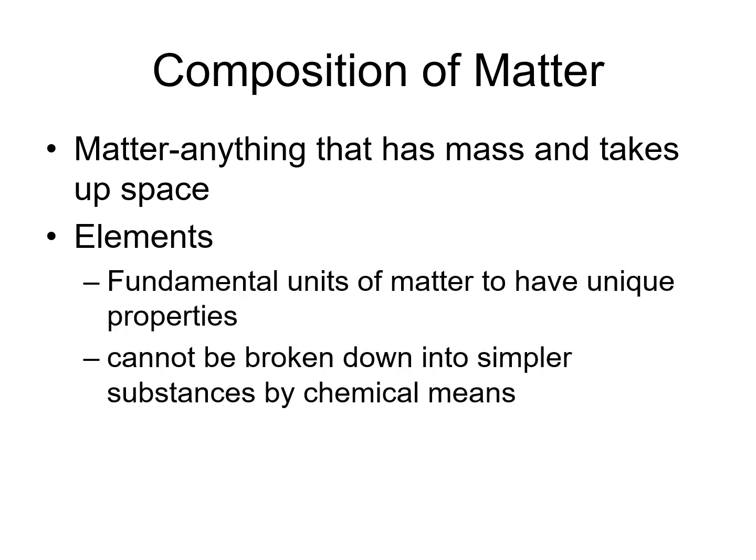Now, matter is composed of fundamental units called elements, and these are units that cannot be broken down chemically into simpler substances. For example, here we have a molecule of water. Water, or H2O, is 2 hydrogen atoms and an oxygen atom.